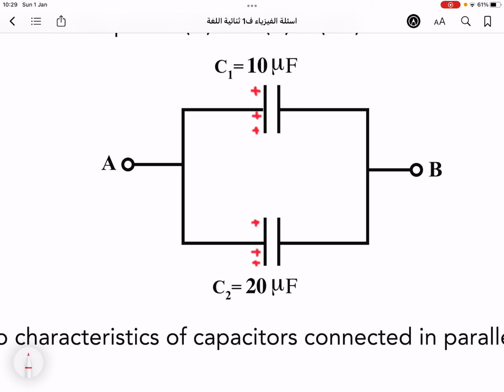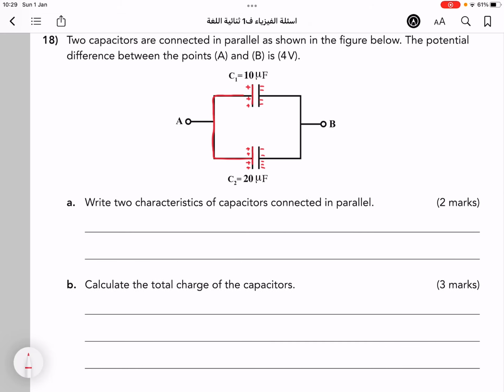So if this is a positive plate, it will be connected with another positive plate with this wire, and the negative plates are also connected together. This is another characteristic of any capacitors connected in parallel. So you need only to state two characteristics.